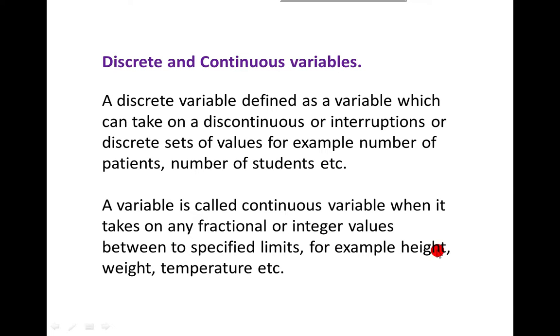For example, height, weight, temperature, etc. You know that height increases continuously, weight increases or decreases continuously, temperature increases or decreases continuously. So height is a continuous variable, weight is a continuous variable, temperature is a continuous variable.